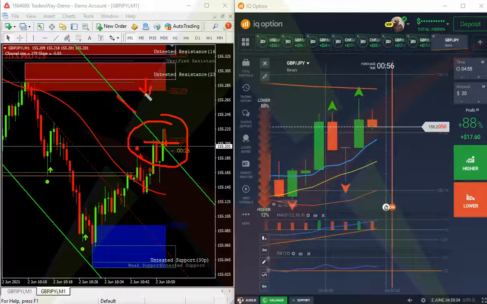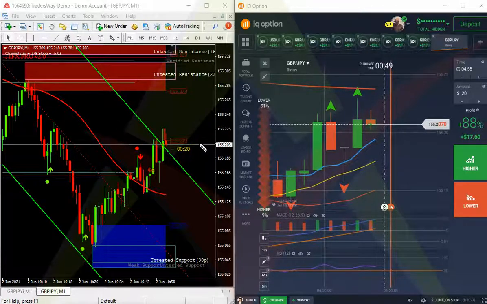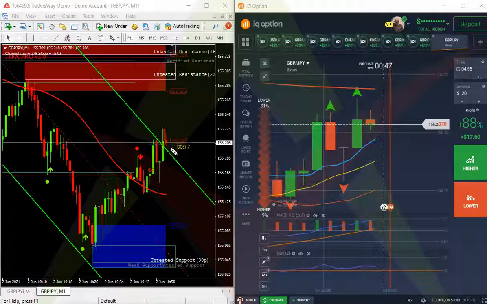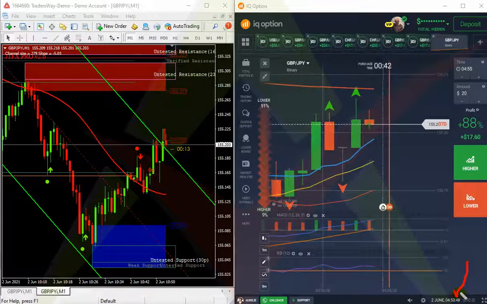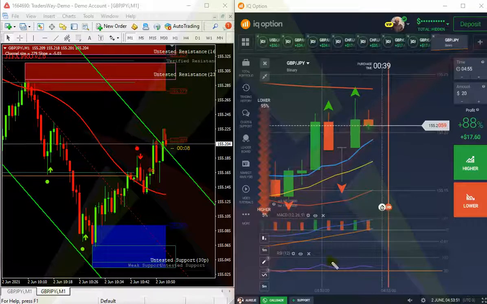So the conditions are really the same on this Alpha Zones indicator. So I'm going to take my trade definitely, because I can see the strength, how it's pushing it down. I'm left with just about another one minute for this trade to start, so it's just a matter of waiting to see the next entry.